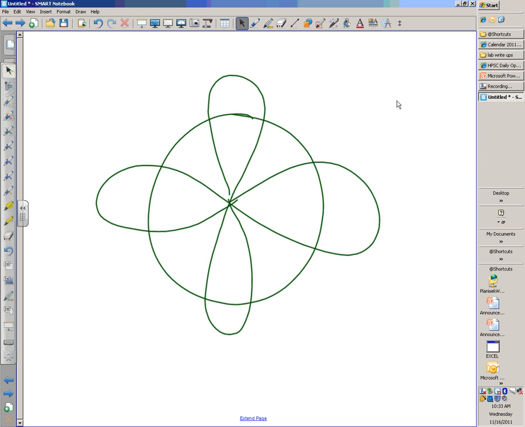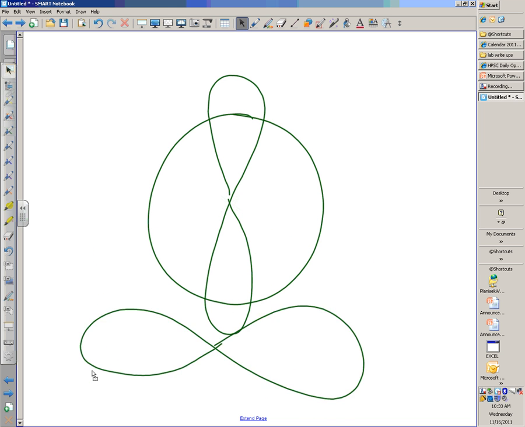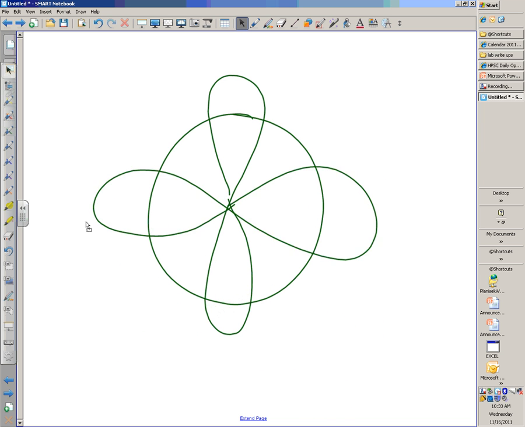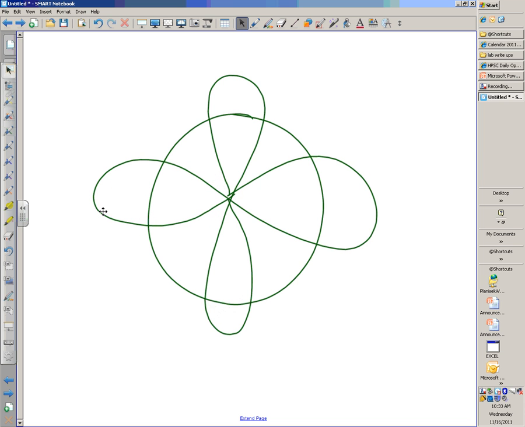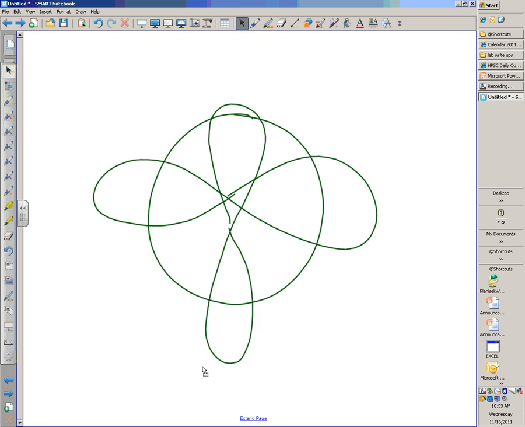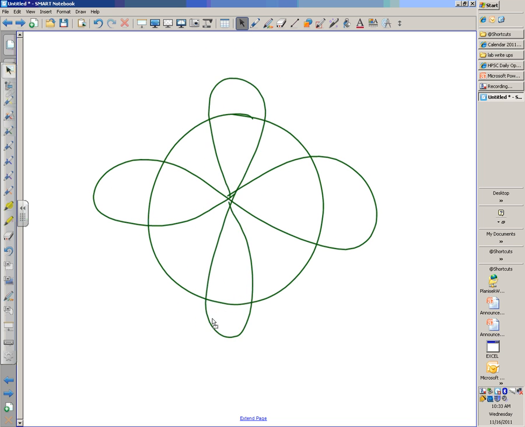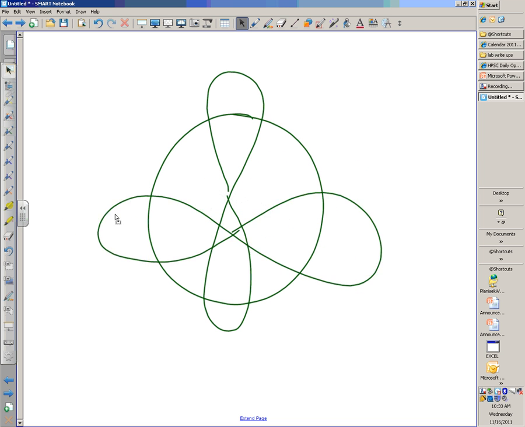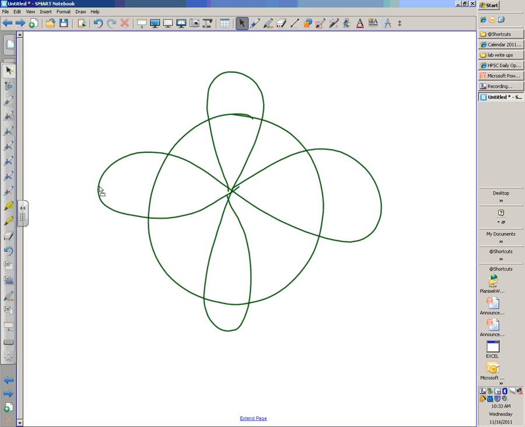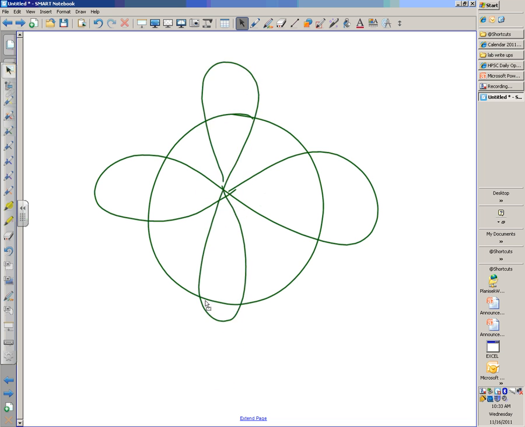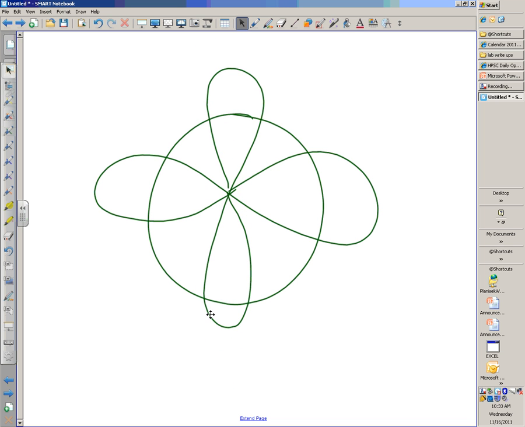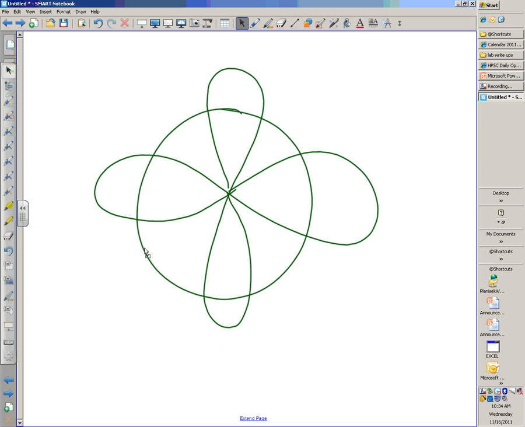Because this one is different than this one. Does that make sense? This one is different than this one, and they're both different than this one.